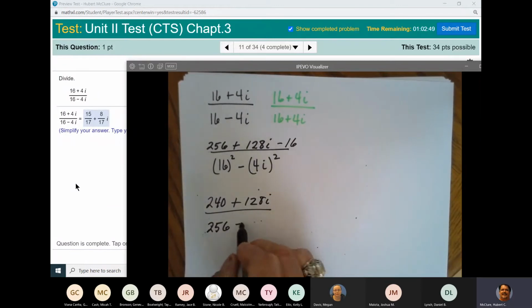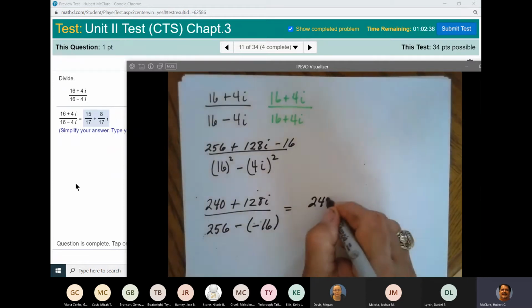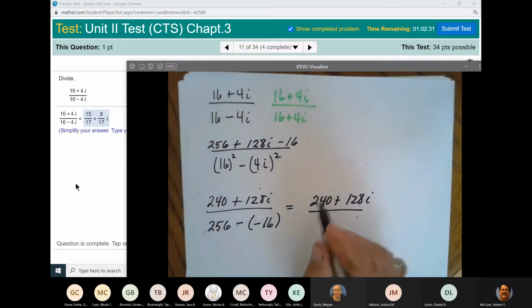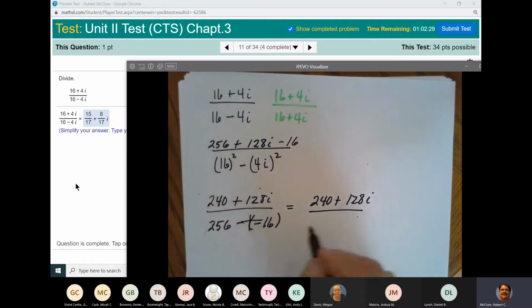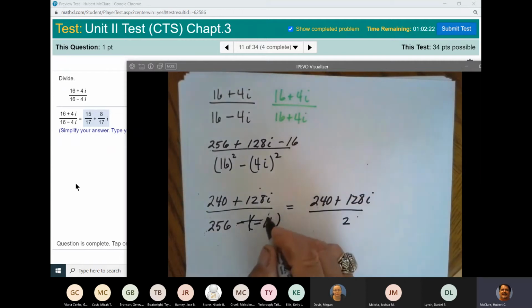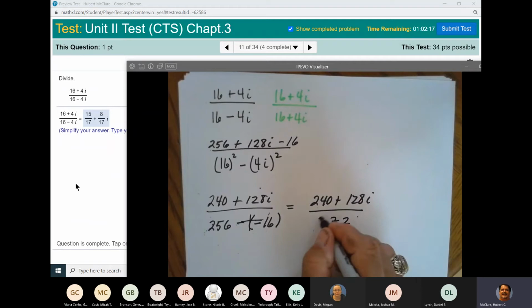And then minus a negative 16, because the i squared turns that to a negative, so that's going to turn that to a positive. So that's going to be 240 plus 128i over 256 plus 16, which is 272.